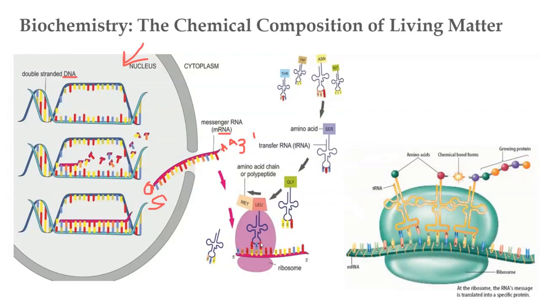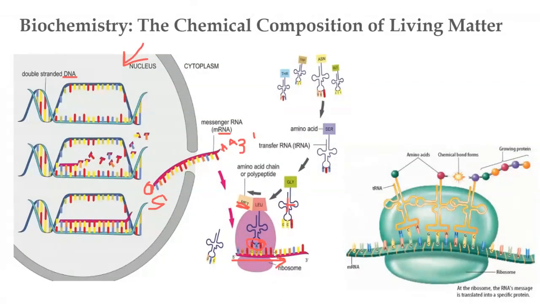Then that messenger RNA, the AUG, is going to bind for methionine at the P site, which initiates the ribosome complex to assemble the small subunit and the large subunit. Then we will continue to translate in the 5' to 3' direction as new tRNAs are tried out in the A site.